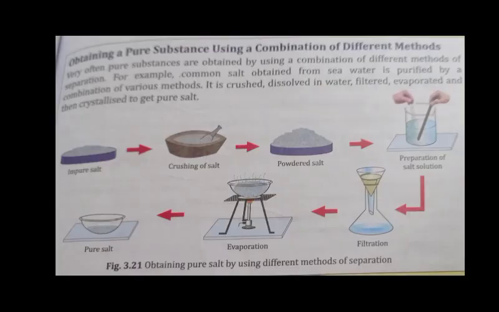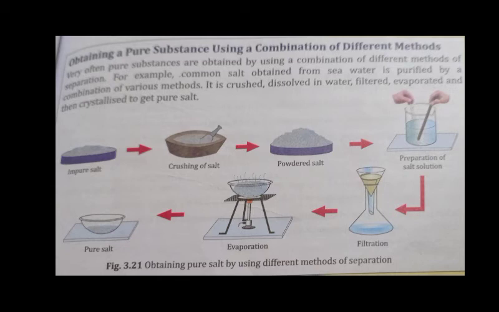Now, obtaining a pure substance using a combination of different methods. Now we have impure salt. First of all, we crush the salt, powder it, and then we prepare a salt solution. This salt may have some impurities, some dust particles, some dry grasses or something.